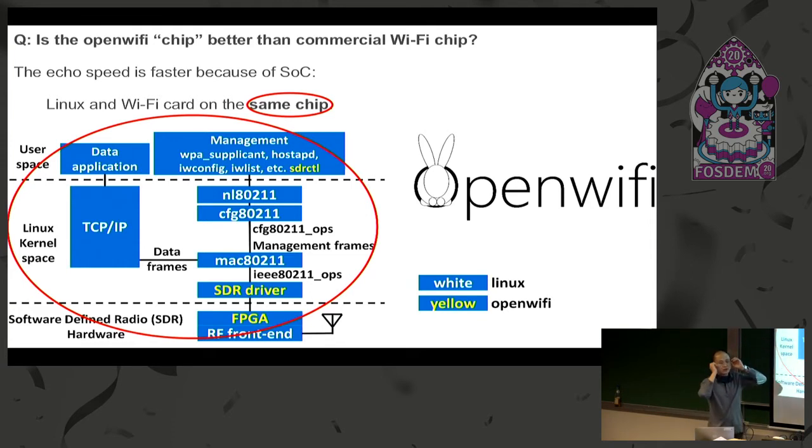So that's why we also need to offer you the Wi-Fi driver. You cannot use any other commercial Wi-Fi driver, because a commercial Wi-Fi driver always works over the USB bus or PCIe bus. But in this chip, the interface between our Wi-Fi chip, which is the FPGA, and the SDR driver is not USB or PCIe.